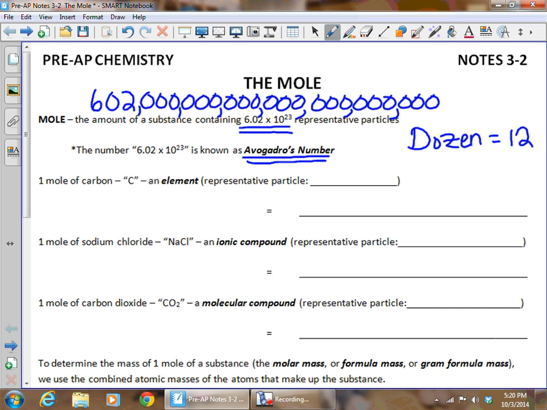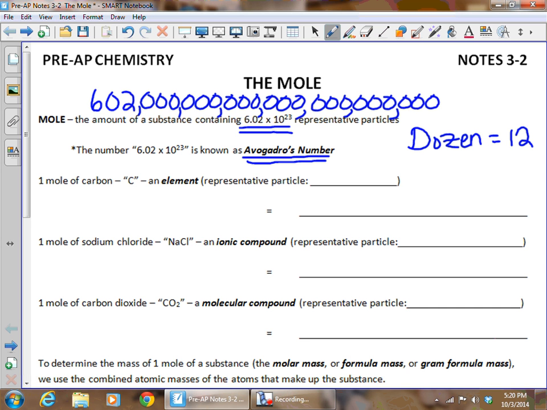And if you're dealing with carbon atoms versus a sodium chloride or carbon dioxide molecule or particle, you would get me something that was very different in both mass and volume, because one carbon atom is very different in mass and volume than one carbon dioxide molecule.